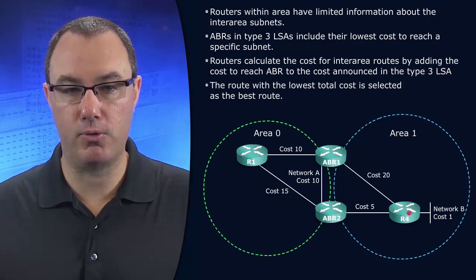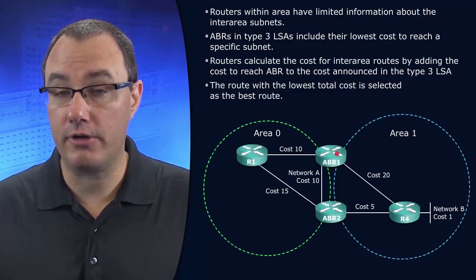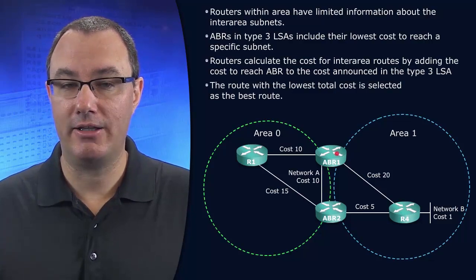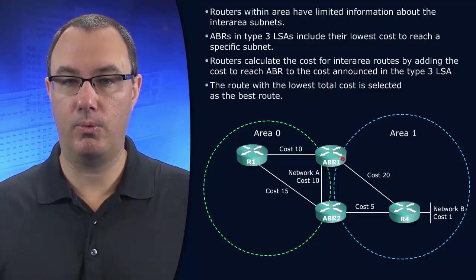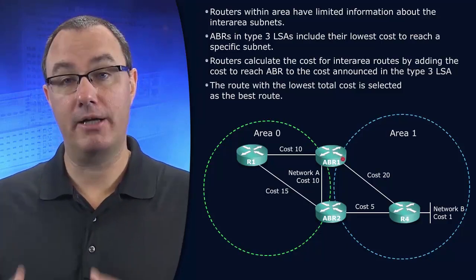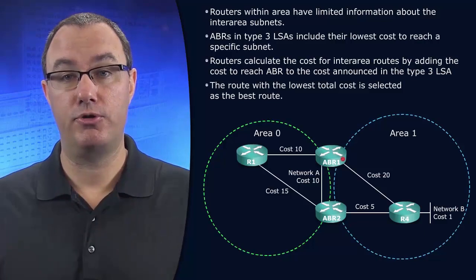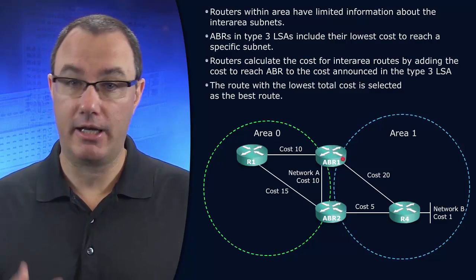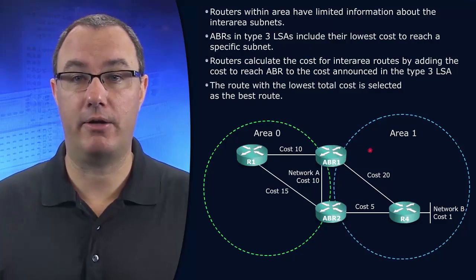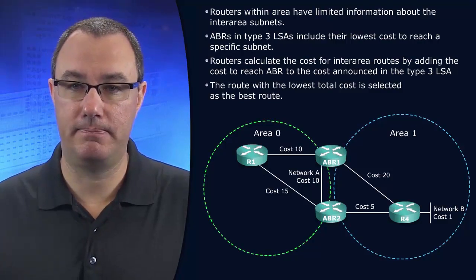So if I'm R4, I'm going to be looking at the cost to reach the area border router, and then whatever cost is included in the advertisement. So we add my cost to the ABR to the cost that that router is advertising to me, and I'll install the best route.